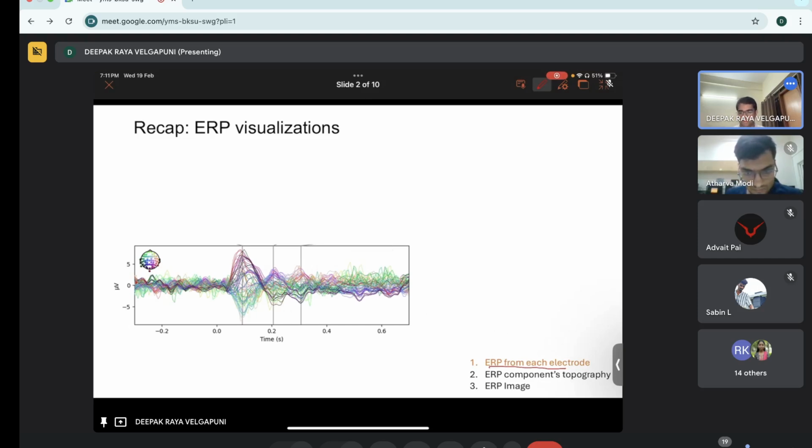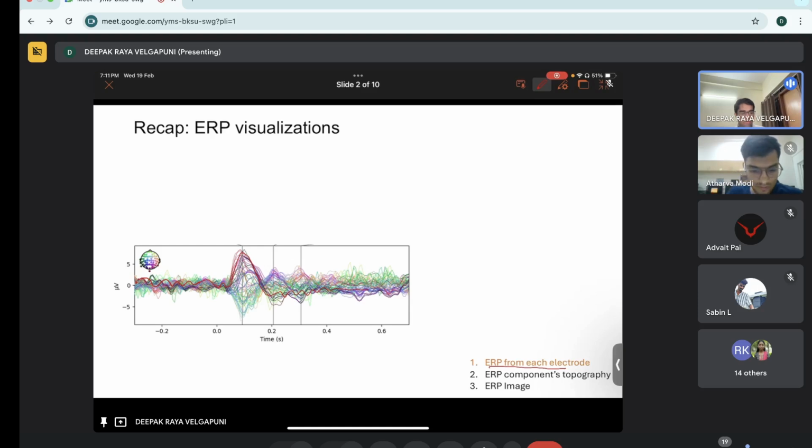So yeah, you can see my cursor or my writing, right? Yes. So this time course you see is an ERP from each electrode, and you plot it for all the electrodes. This is one form of visualizing ERPs.